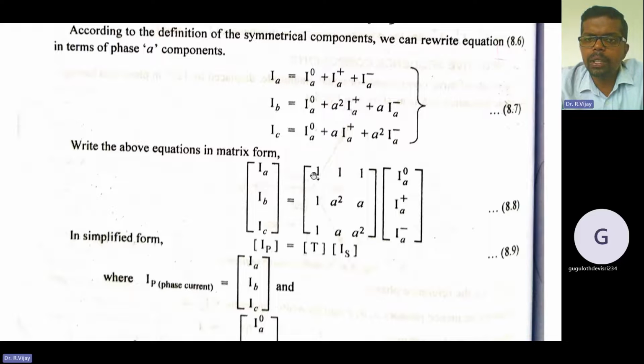Here you get the coefficients 1 1 1, 1 A squared A, 1 A A squared, and the common terms IA naught, IA plus, and IA minus outside. If you multiply this matrix, you will get the same answer. So we have written it in matrix form.